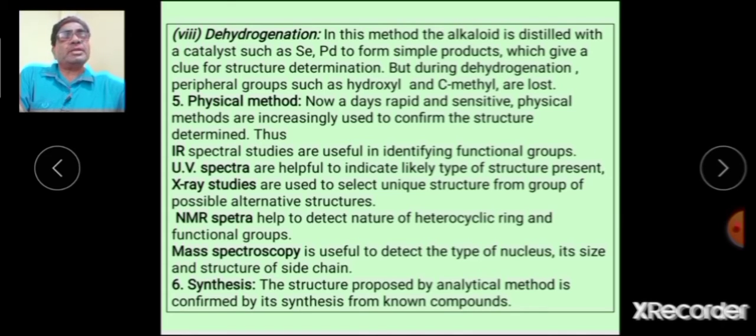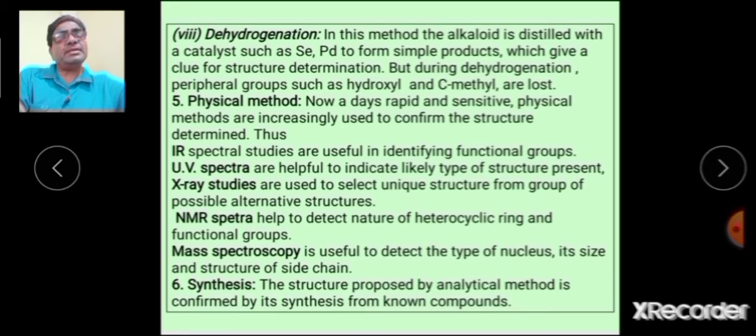The physical methods are rapid and sensitive, and they give correct information about the structure. Thus, IR spectra studies are useful in identifying the functional groups present in a compound. UV spectra are helpful to indicate the likely type of structure present.